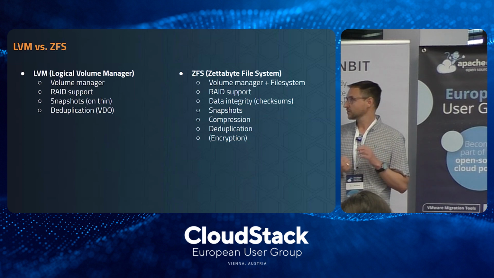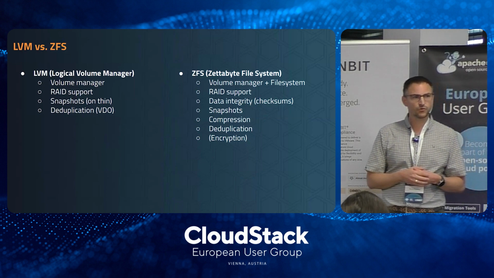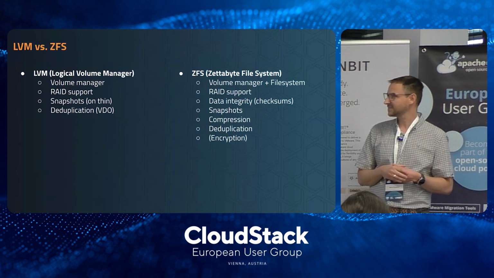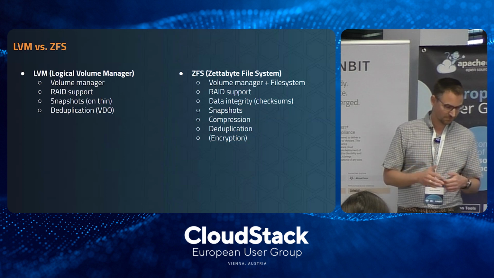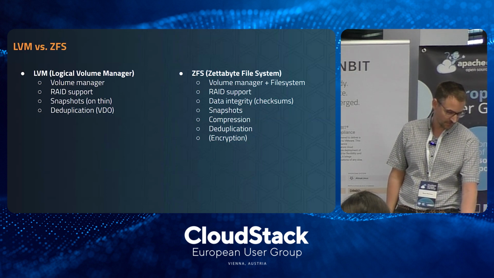Snapshots, then you have additional compression, deduplication, and encryption. But I heard some reports that the encryption is not that stable or shouldn't be trusted too much yet. I saw some bug reports on the mailing list and on GitHub.